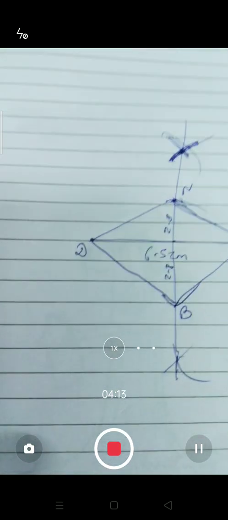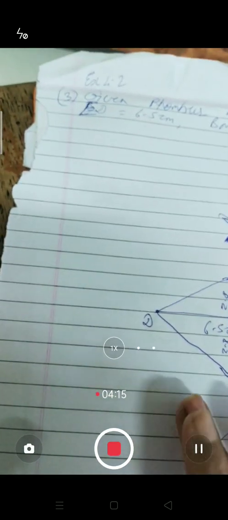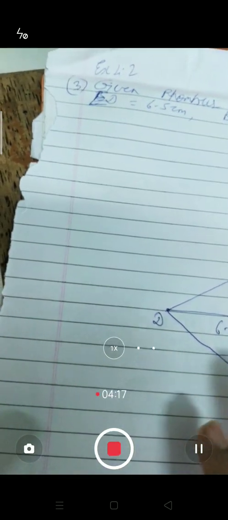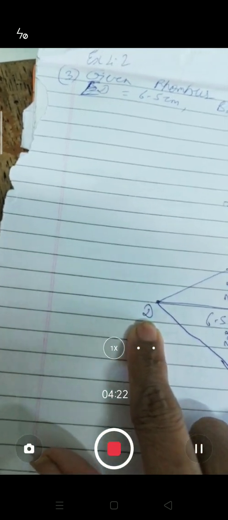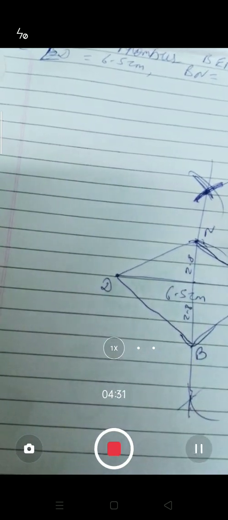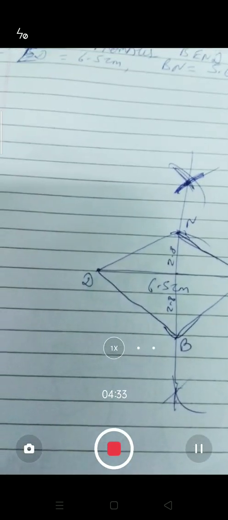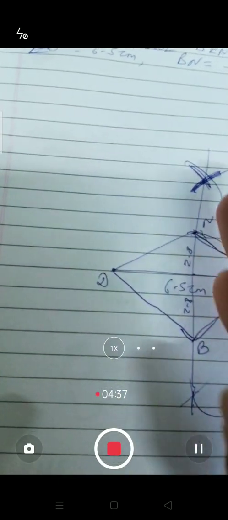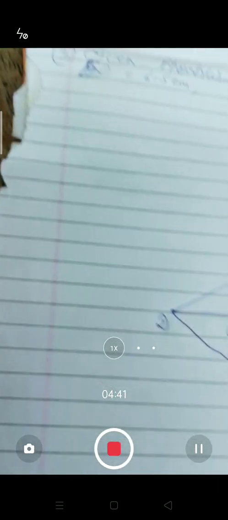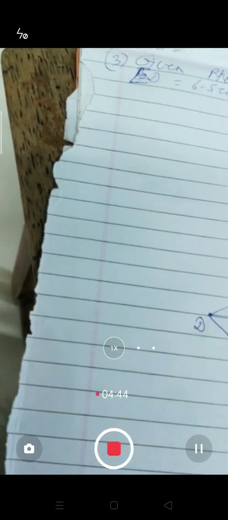How are you going to write the steps? First step will be draw diagonal 6.5, name it DB. This is your first step, correct? Then take a compass, any measurement, draw an arc with center D up and down, draw an arc from center B up and down, then draw a straight line, that is the line which will bisect segment DB.